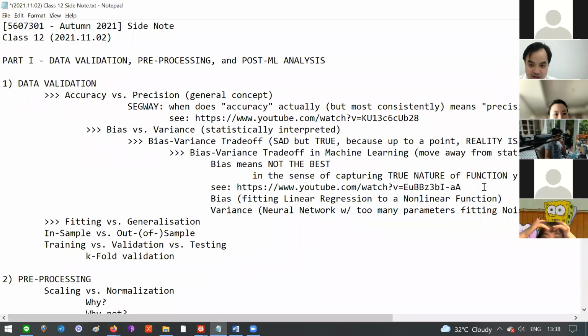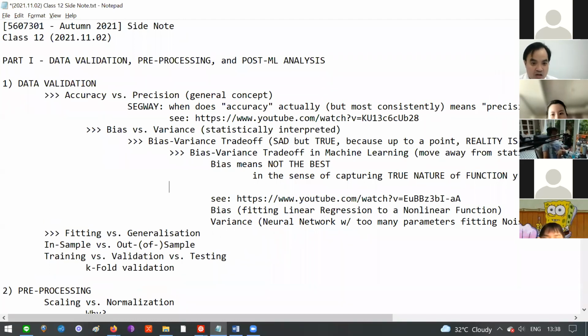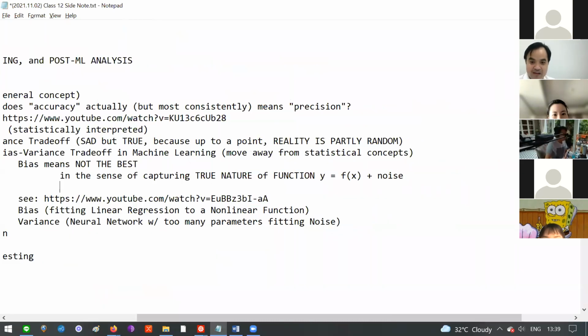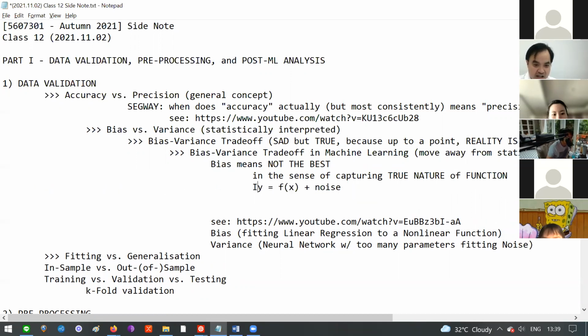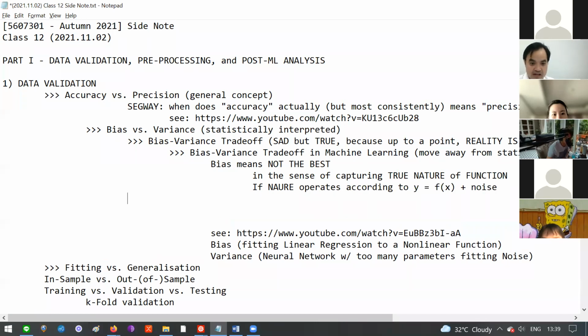Okay, so if y is equal to a deterministic function with noise, if nature operates according to this, then the best model is f of x.